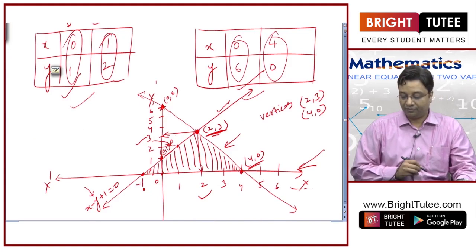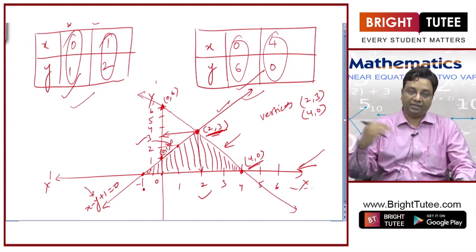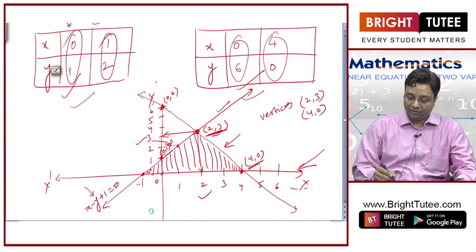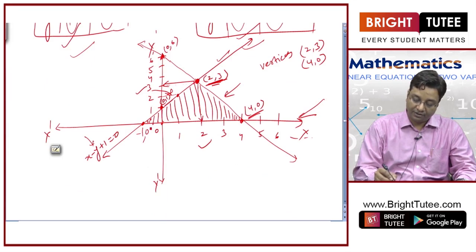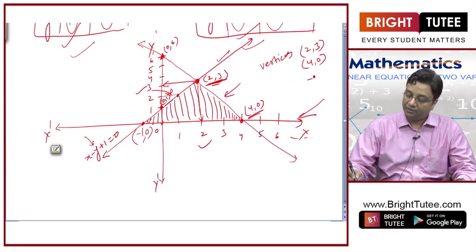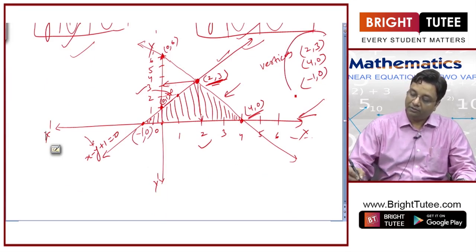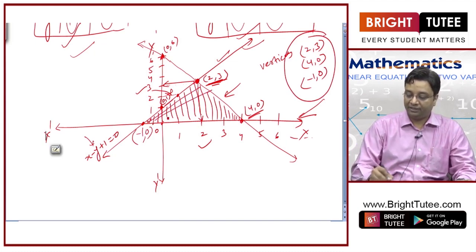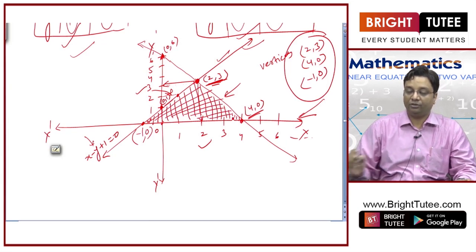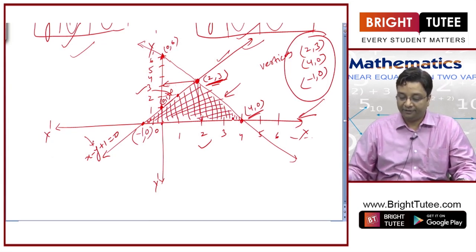So this point is -1. Okay. Graphically, it will be clear to you which point is this. So if you need to talk about vertices, this point is -1, 0. So there will be this triangle with these vertices, and I have already shaded this region. This is the triangular region that you need to shade. Okay.